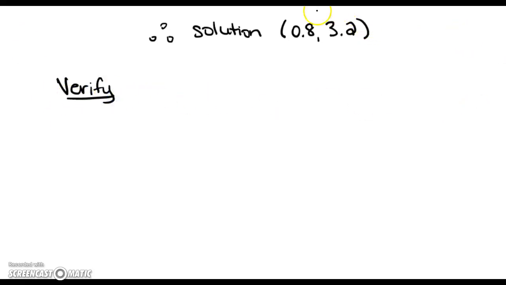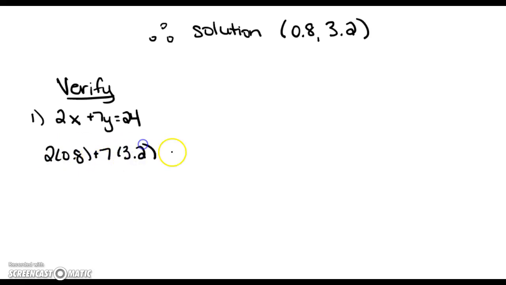We're going to verify that this answer works in both equations. So we need to do our first equation first, which is 2x plus 7y is equal to 24. We're going to plug in our x and y values. So we have 2 times 0.8 plus 7 times 3.2 is equal to 24.